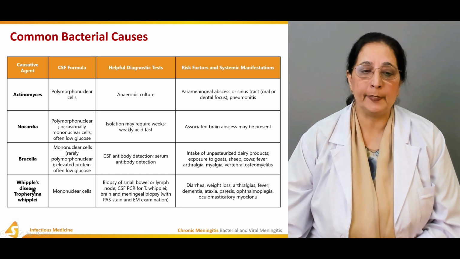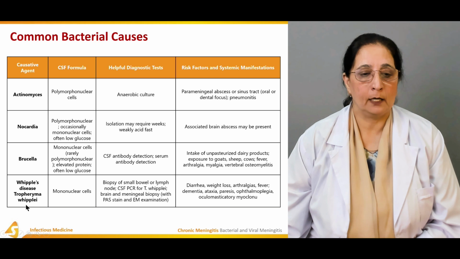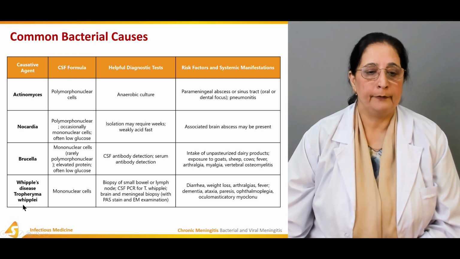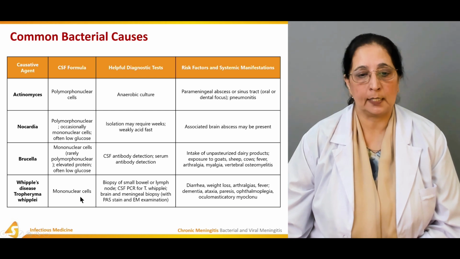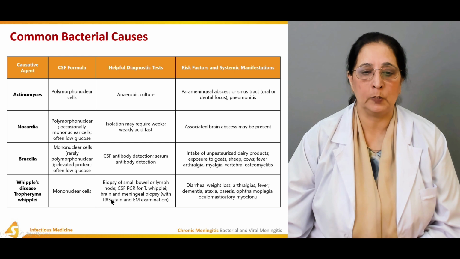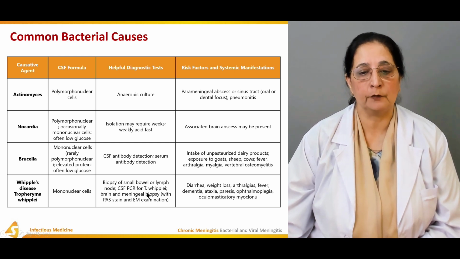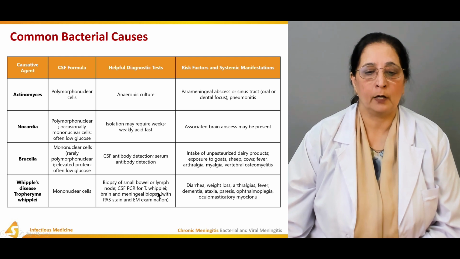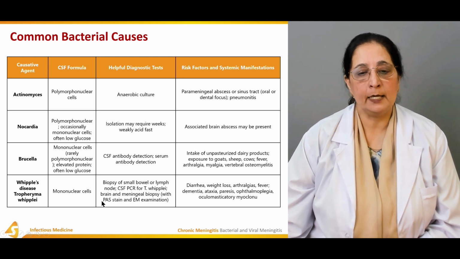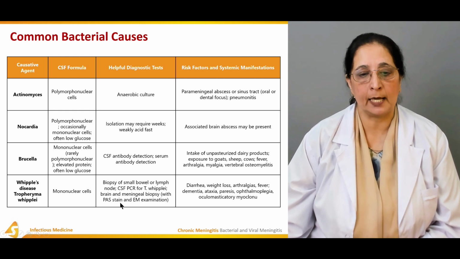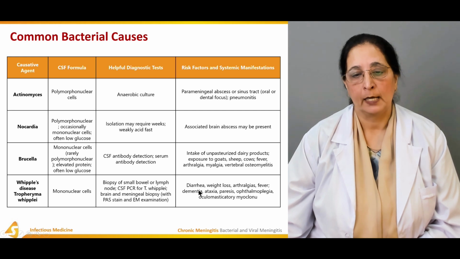Then we have Whipple's disease caused by Tropheryma whipplei, with mononuclear cells. Diagnosis by biopsy of small bowel or lymph nodes, CSF polymerase chain reaction for Tropheryma whipplei, and brain and meningeal biopsy with PAS stain and EM examination.